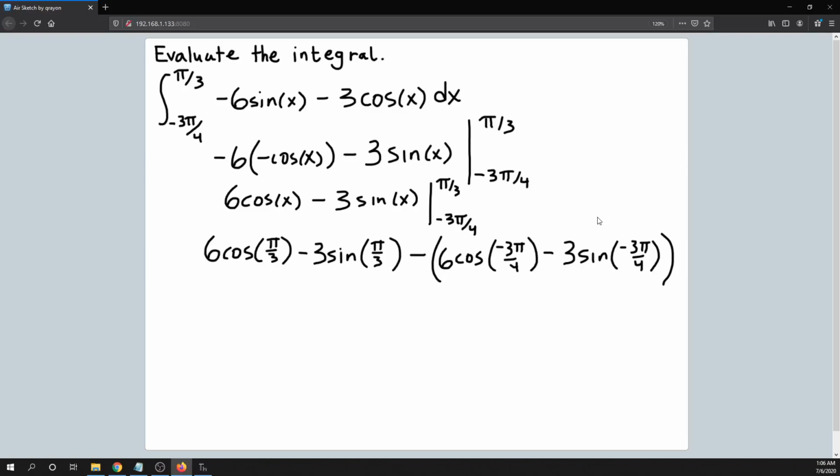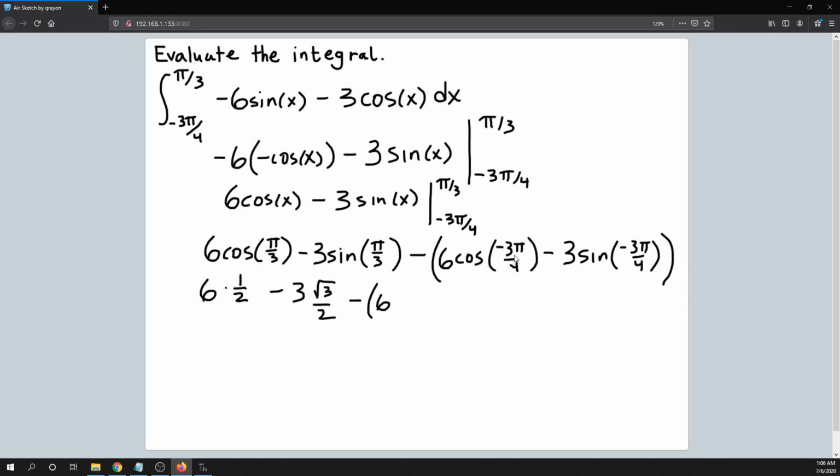Okay, so the cosine of pi over 3, that would be a half. The sine of pi over 3 would be square root 3 over 2. All right, then I have 6 times the cosine of minus 3 pi over 4.